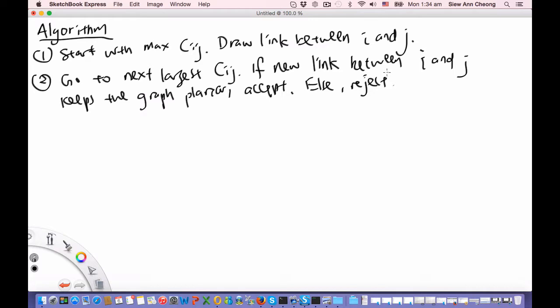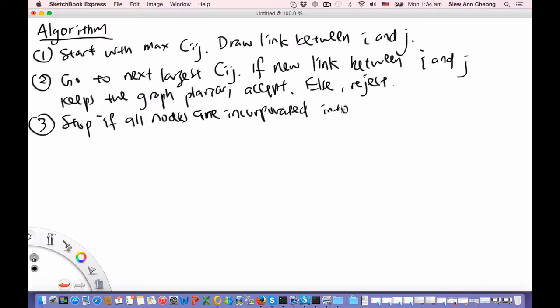Okay, so instead of no cycles, now the condition for accepting the link is that the new link added keeps the graph planar, and then step number 3, we will stop if all nodes are incorporated into a single graph.